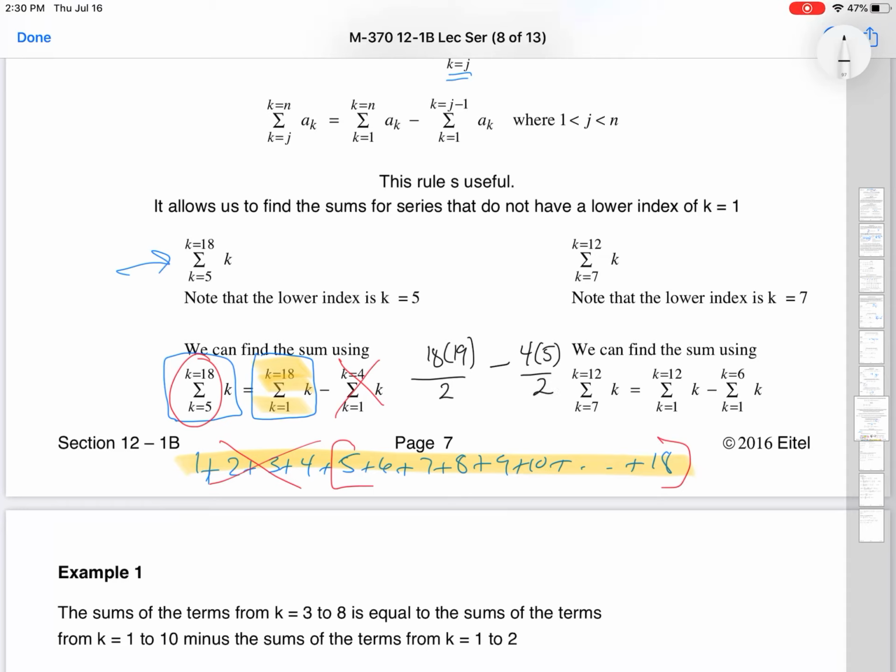So we get 10 out of this one, and we get whatever 9 times 19 is. 9 times 9 is 81, 9 plus 8 is 17, so we get 171 minus 10, which is 161. That is the sum.